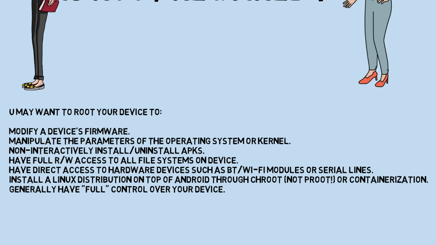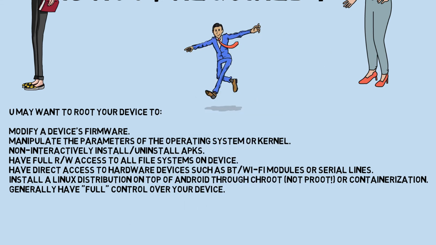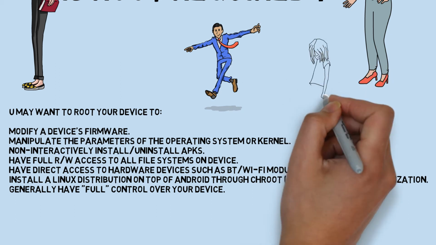We will also be able to manipulate the parameters of the operating system or kernel. Also, non-interactively install or uninstall APKs. Several APKs we will be able to install or uninstall without the need of any permission from our so-called Android operating system.